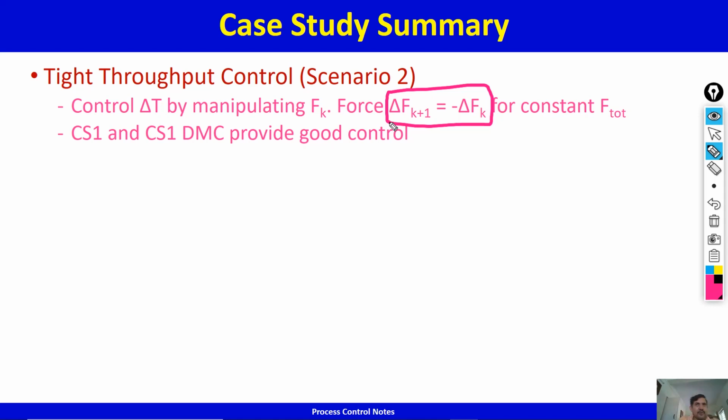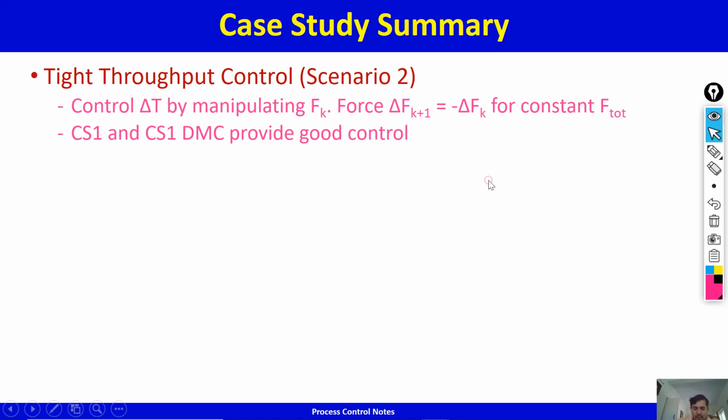By the way, whatever I have told, it can be generalized to n passes. The example that we have done has only 3 passes, so there are 2 independent delta T's, but this can be generalized if you've got more passes, n passes. The idea will remain the same. Okay. So CS1 and CS1 DMC provide good control, and you get perfect throughput control.